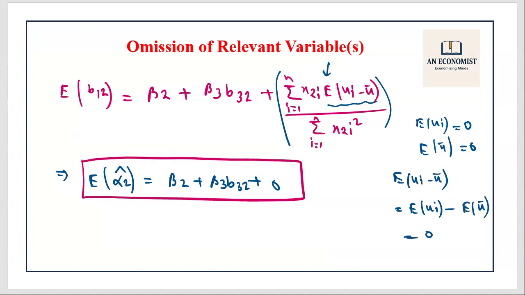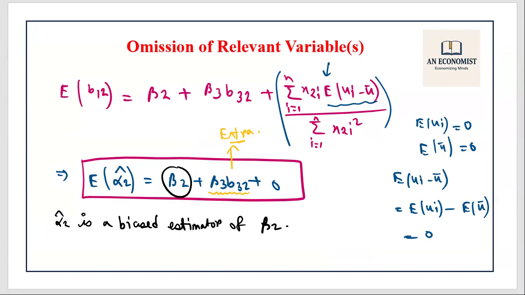Now, can you tell me what this signifies? This signifies that this term, beta 3 b32, is simply an extra term here, and this will make alpha 2 cap a biased estimator of beta 2. The original population parameter is beta 2.